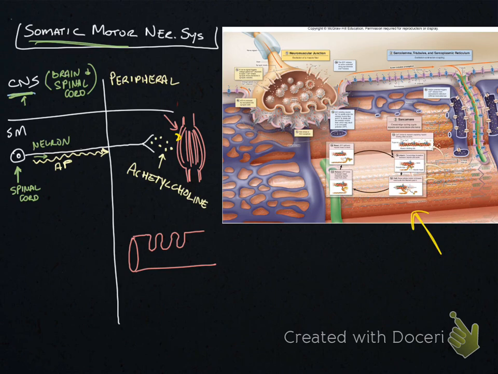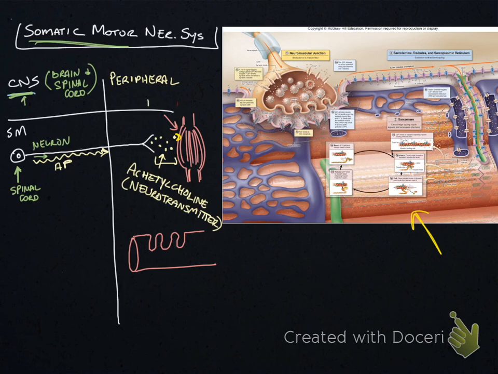Okay, acetylcholine. This is a neurotransmitter. And it's sending it across this space right here. This space is called the synapse. And it has a specific receptor found on the muscle.